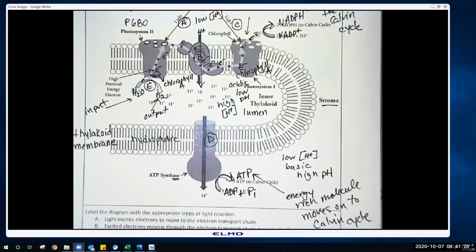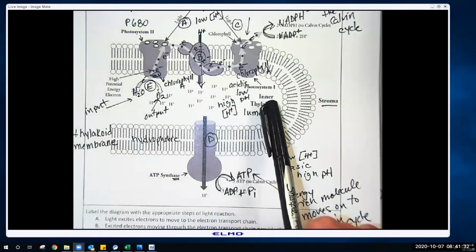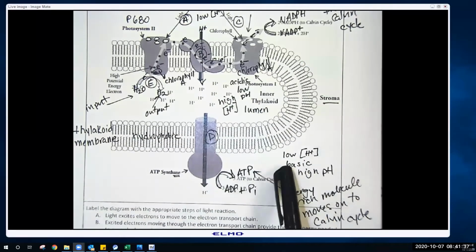So make sure that you know that a high concentration of hydrogen ions means a low or acidic pH, and that the stroma, because it has a low concentration of hydrogen ions, means that the pH is high. That is one thing that students always struggle with every year.